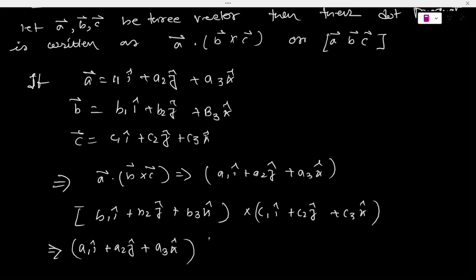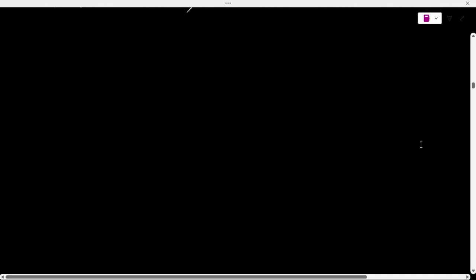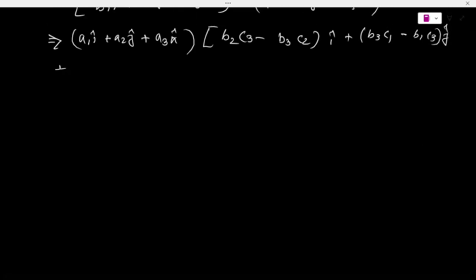It will be b2 c3 minus b3 c2 i cap plus b3 c1 minus b1 c3 into j cap plus b1 c2 minus b2 c1 into k cap.